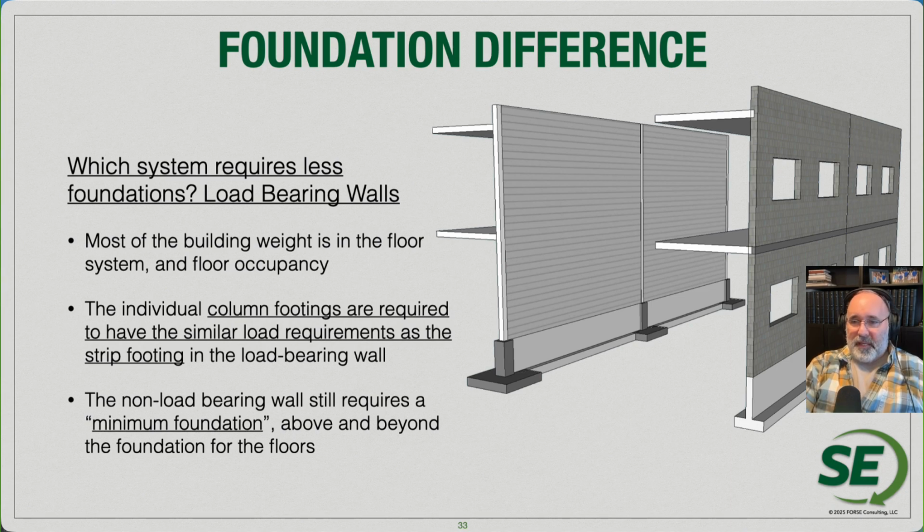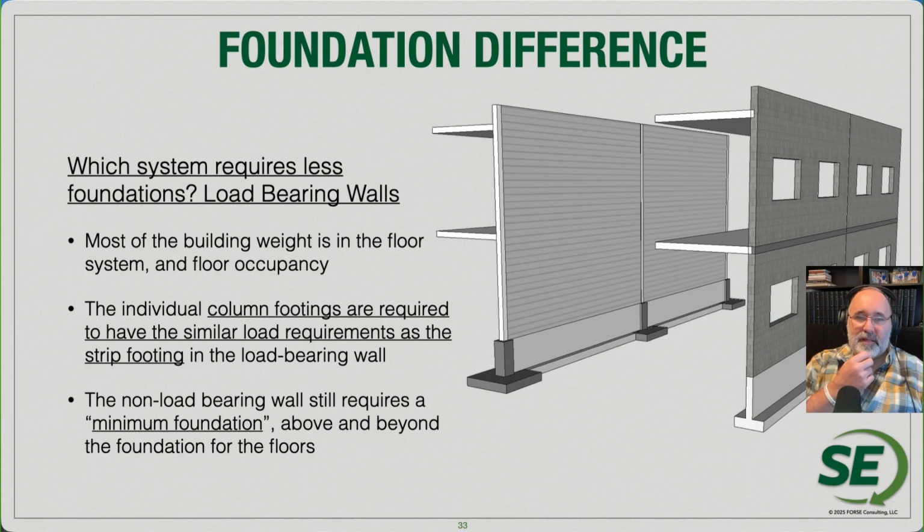I also like to point out the foundation difference that we have, and certainly we've heard this argument from time to time where people did not want to use masonry foundations within a building because they wanted to go with a lightweight building.